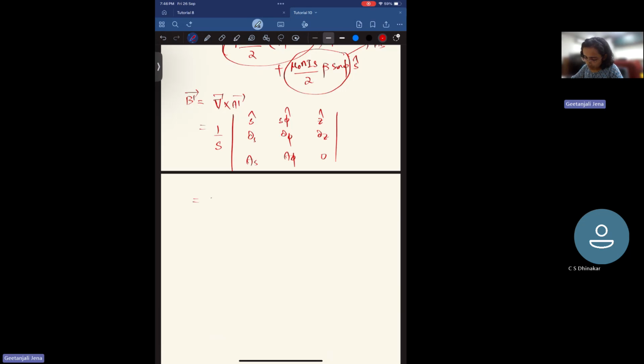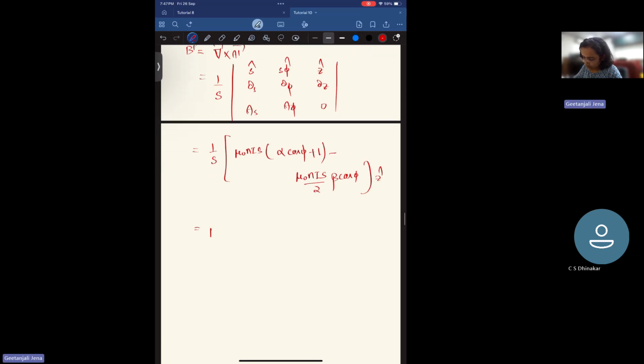When you take the derivative, this will come 1 by s mu naught n I s alpha cos phi plus 1, minus mu naught n I s by 2 beta cos phi. So finally we have mu naught n I times alpha cos phi plus 1 minus beta cos phi by 2.